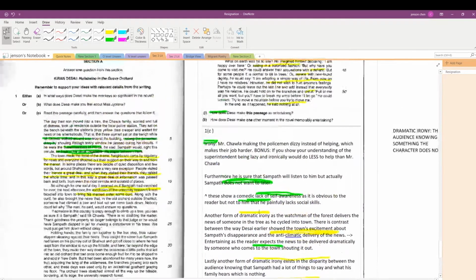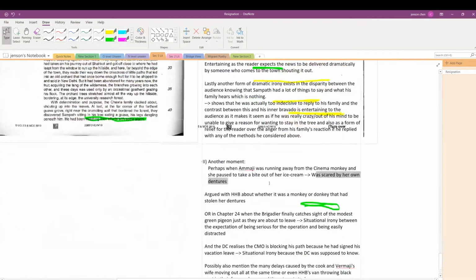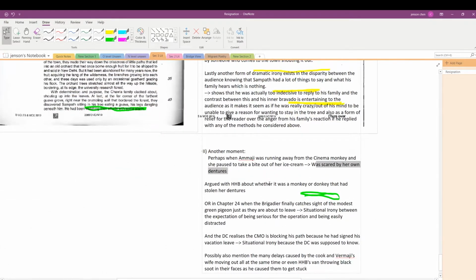So please mention, of course, at this point in time, everything is just irony, because number 1, she has the wrong priority of eating the ice cream, and number 2, she's scared by her own dentures, which is the last thing she should be scared of because it's part of her, alright? Another form of situational irony being that the hungry hot boy has misplaced priorities in arguing over whether it's a monkey or donkey that had stolen her dentures.